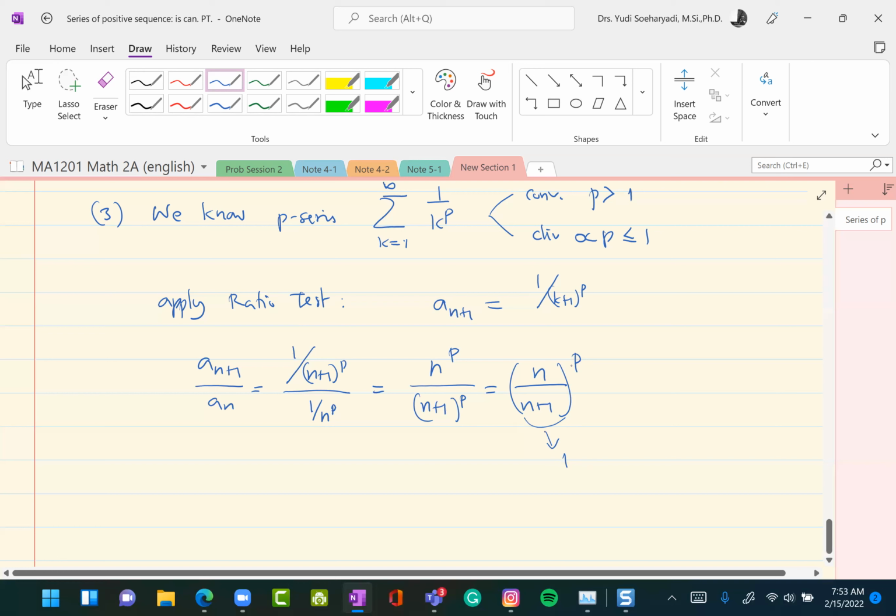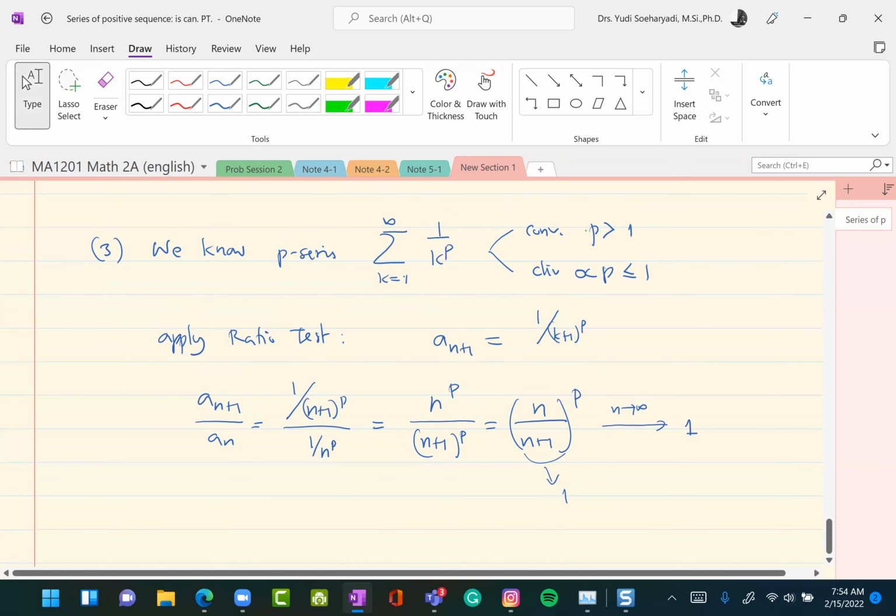This goes to 1, this is constant, and this goes to 1. And the convergence depends on the p. p greater than 1 is convergent.